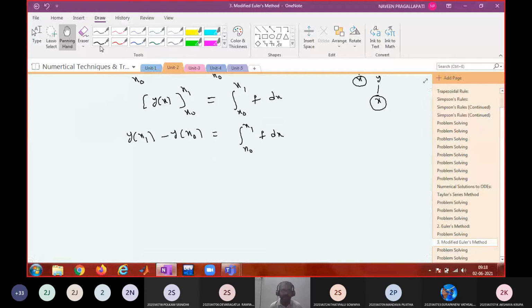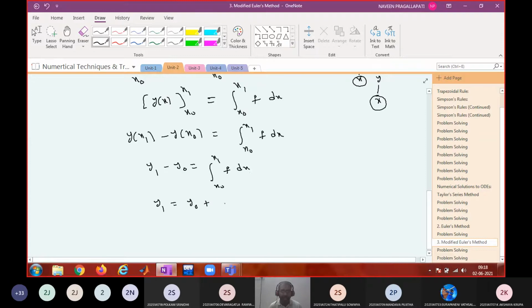Am I right? Therefore y1 minus y0 is equal to the integral from x0 to x1 of f dx, or y1 equals y0 plus the integral from x0 to x1 of f dx.